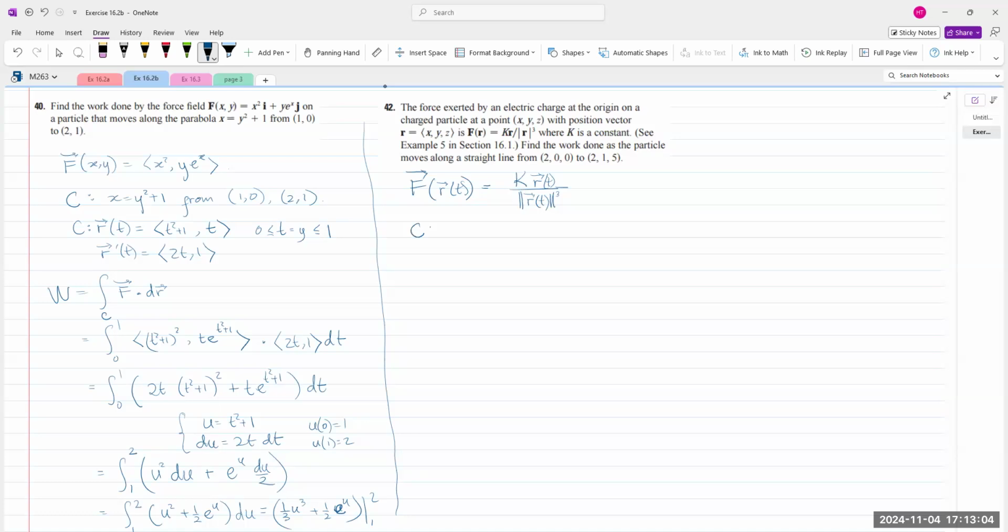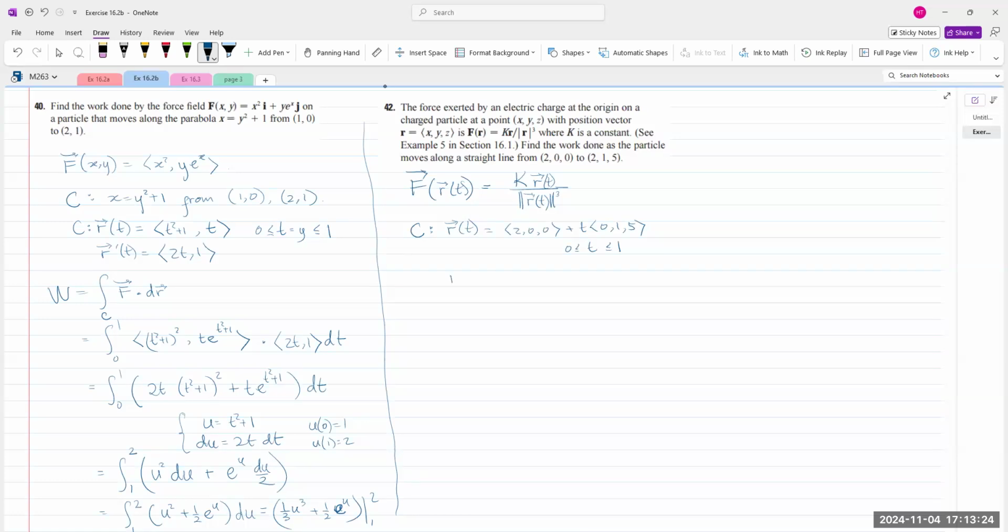So the path is a line segment from (2, 0, 0) to (2, 1, 5). So this is (2, 0, 0) plus t times (0, 1, 5), where t is from 0 to 1. Right?